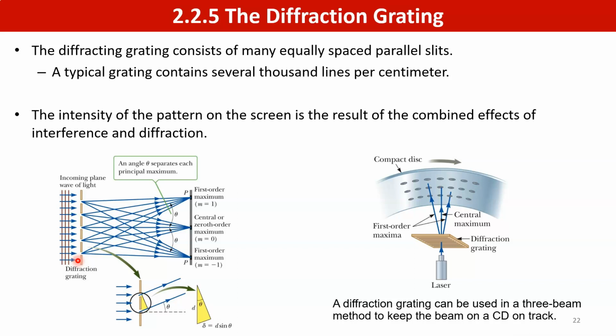So usually we use a diffraction grating. The usual thing that we can find is the compact disc or CD, DVD, optical disc.